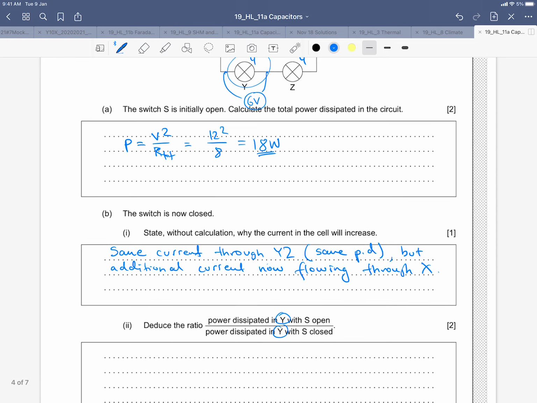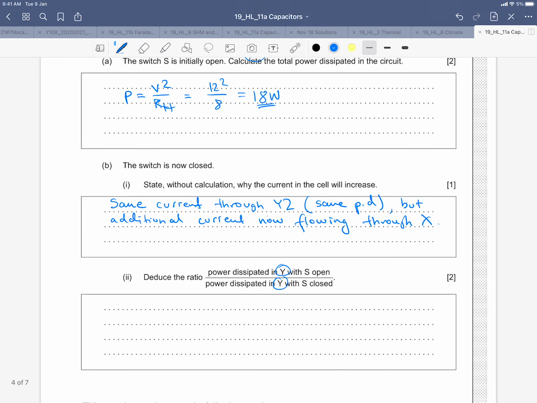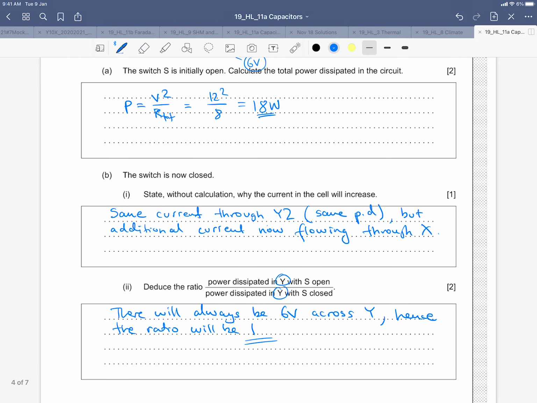So this ratio is just going to be 1, and we can stress that by saying that there will always be 6 volts across Y. Hence, the ratio will be 1. We don't even have to do a calculation. Always 6 volts across Y, and we have the same power dissipated.